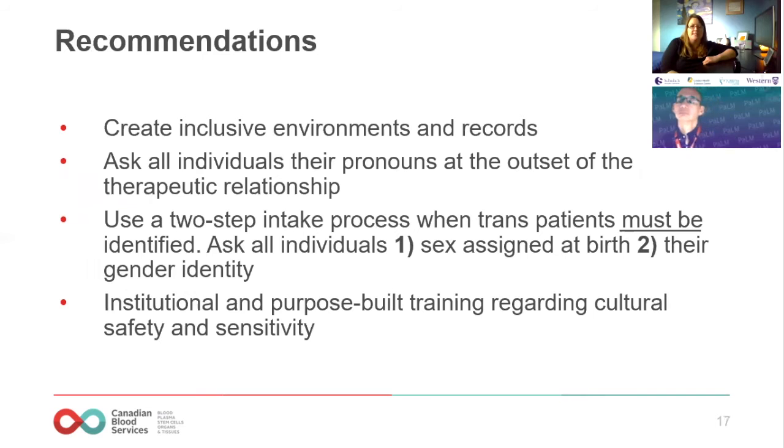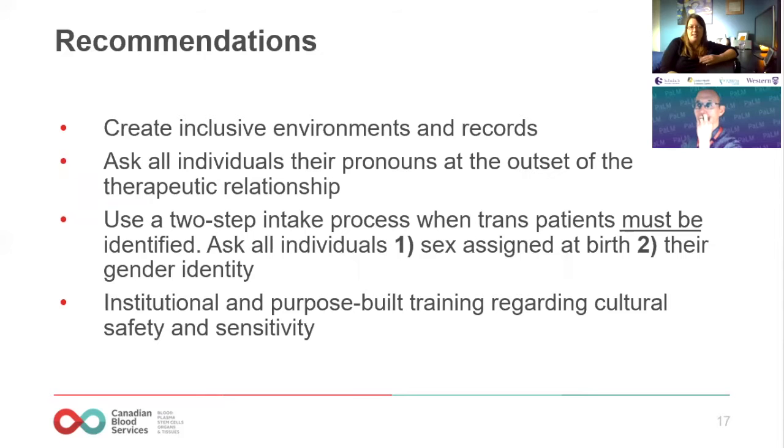And so some recommendations in the included studies were to create inclusive environments and records. Some of the studies suggested that we should ask all individuals their pronouns at the outset of a therapeutic relationship. To consider using a two-step intake process when trans patients must be identified. So that's when you must know that you have a trans patient.